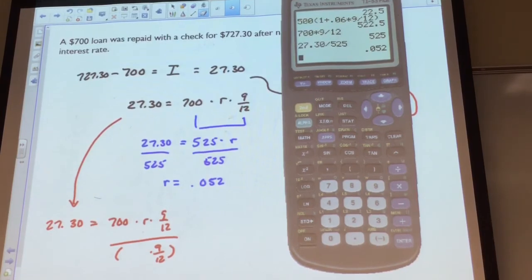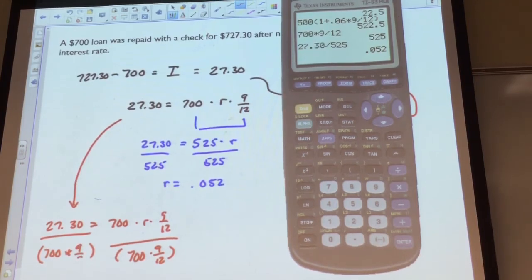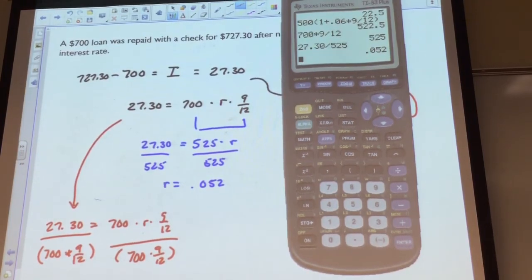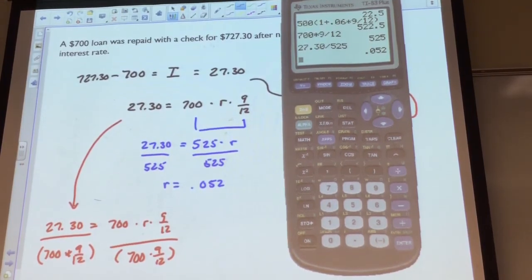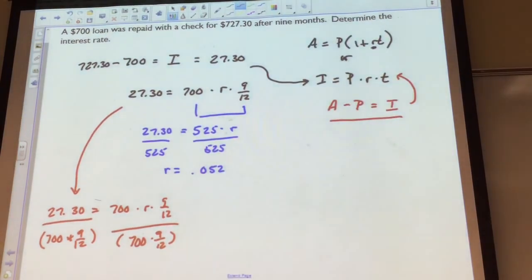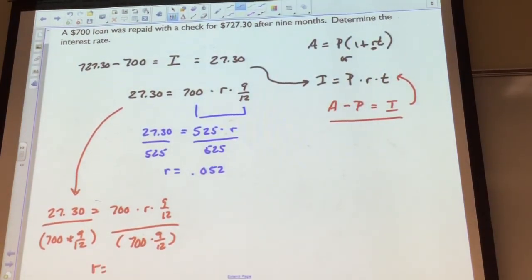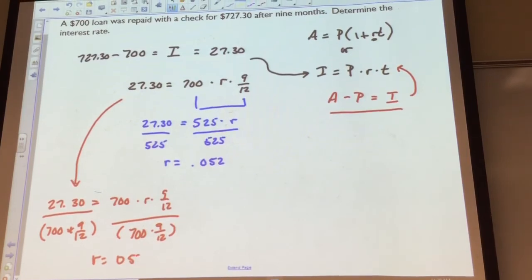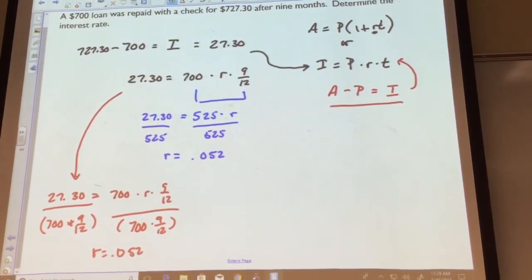If you choose this route, those grouping symbols become extremely important, because if you don't keep that denominator group together, it gives you a way different result. Either one, these still come up to give us the same value of 0.052.